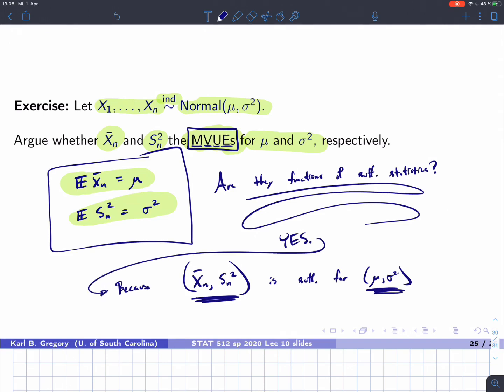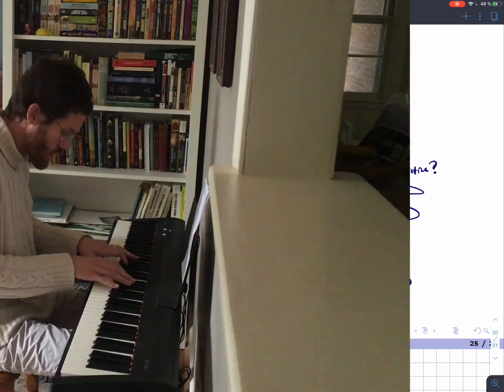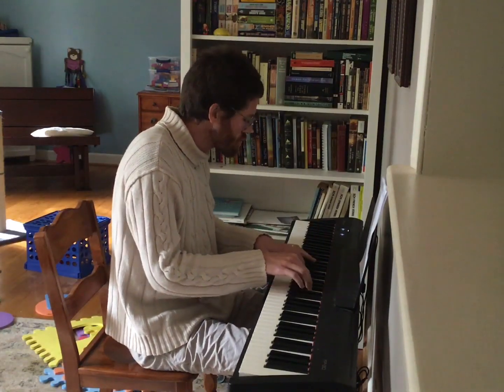So yes, these estimators that we've been using for a long time now are the minimum variance unbiased estimators for mu and sigma squared. So if we're in this situation of sampling from a normal distribution, and we want to use an unbiased estimator of mu and an unbiased estimator of sigma squared, we can make no better choice than the sample mean and the sample variance. MVUE, small bias.